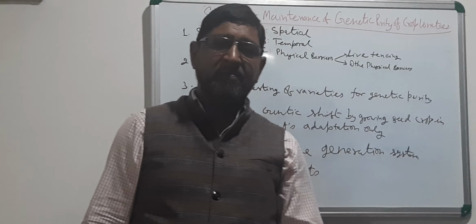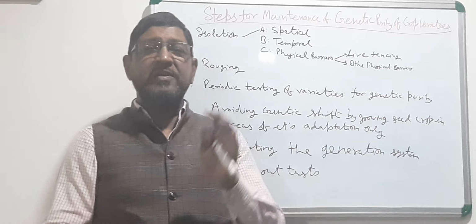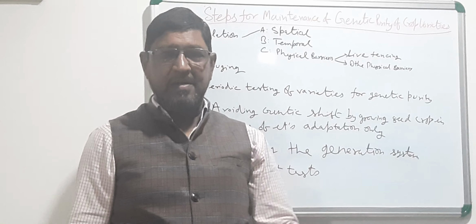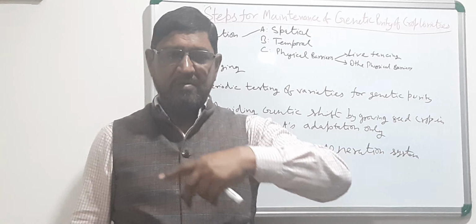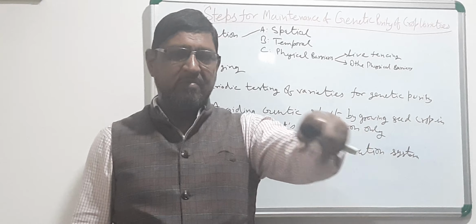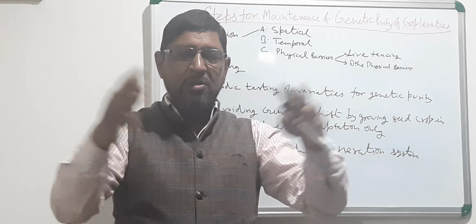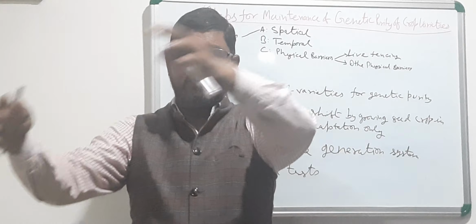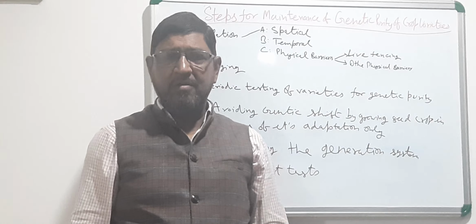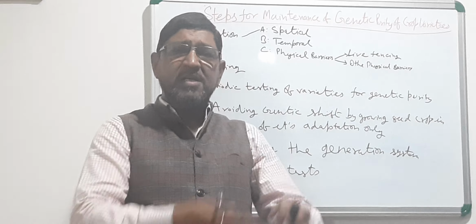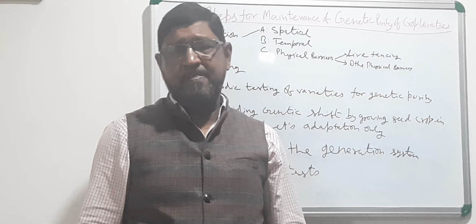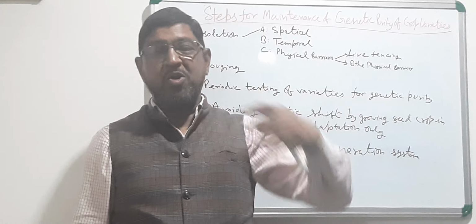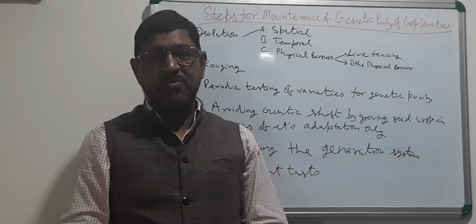As I said in my previous lecture, live fencing: for example, fast growing taller plants grown densely on all sides of your crop field, maybe 5 meters wide, like Sesbania grown around your rice field, will check cross pollination from other varieties to your variety.